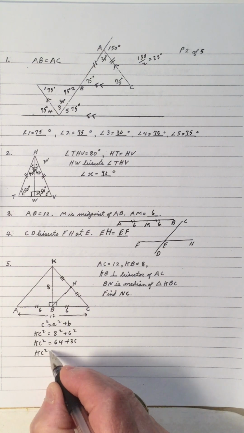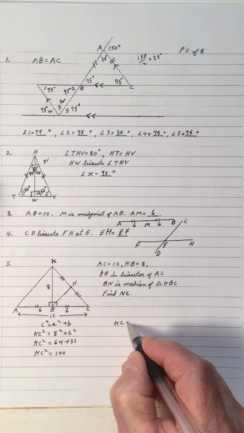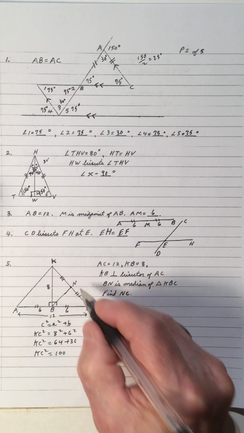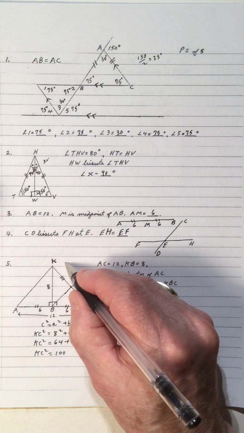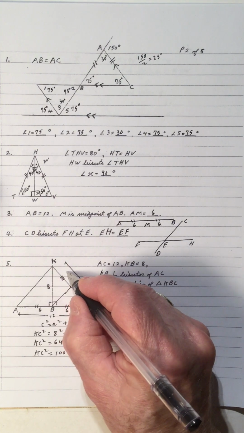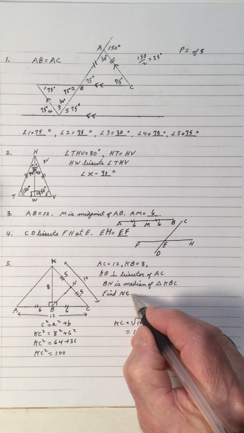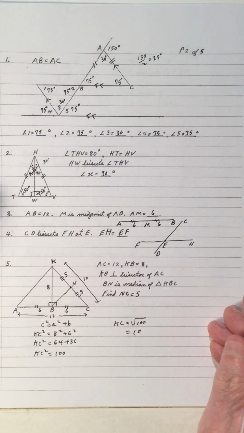So KC squared is 100. So that means that KC is the square root of 100. So KC is 10. So from there to there, we have 10 units. And since that's 10, and that's the midpoint, that means that must be 5 and 5. So NC is 5 units long.